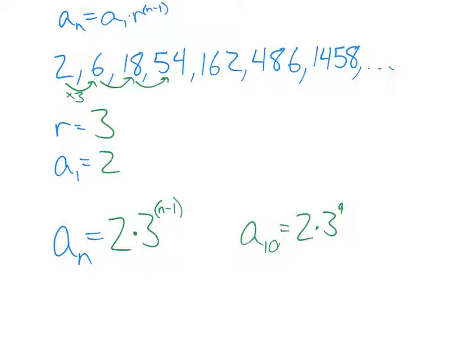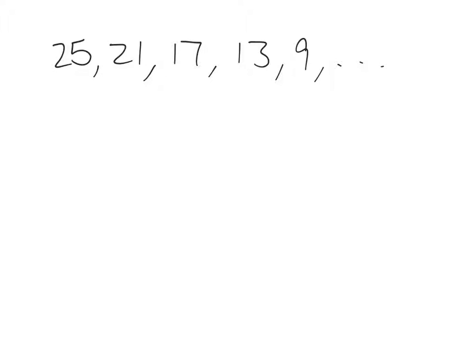Okay? So, let's do an example here where I give you a sequence. I'm not going to tell you which kind it is. Alright, so let's say we've got 25, 21, 17, 13, 9, and so on.